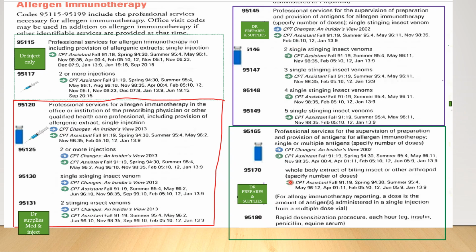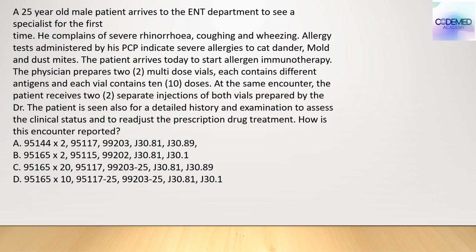So this and this group are only for the preparation of the supply, while this is preparation as well as injection. A small hint I can give: this group and this can't go together, because here they are preparing and here also they are preparing. So two preparations can't go. But this and this can go, because here they are preparing and they are injecting. Same applies for this group also. So the only way to strengthen your guideline is to do the question.